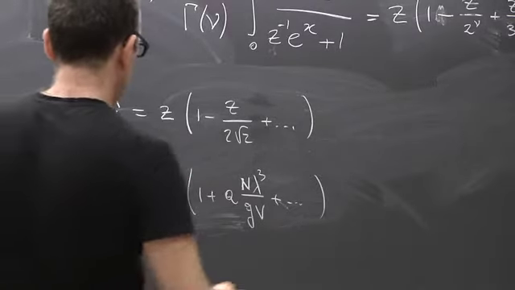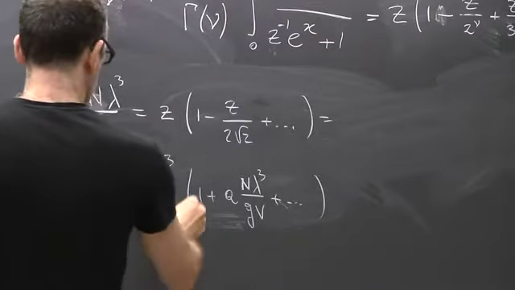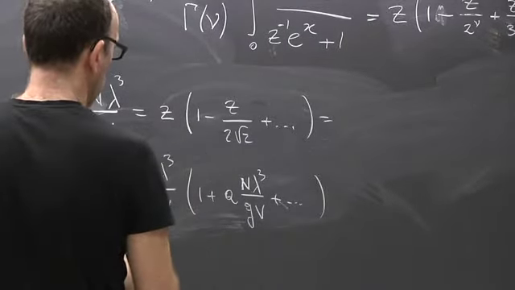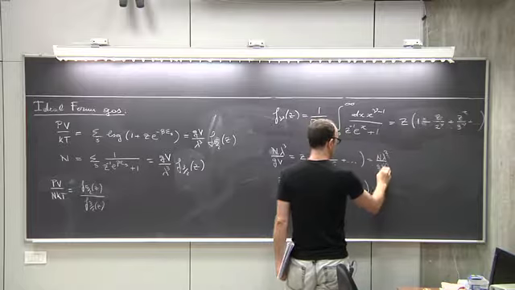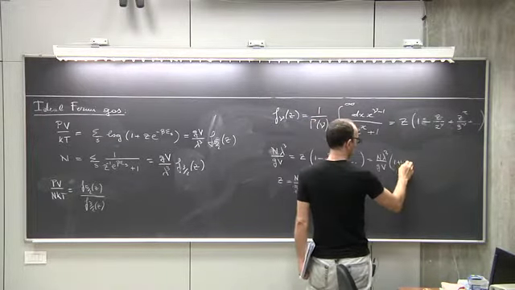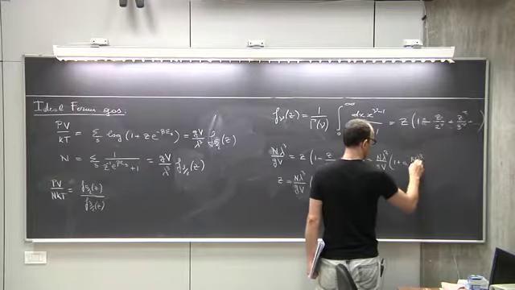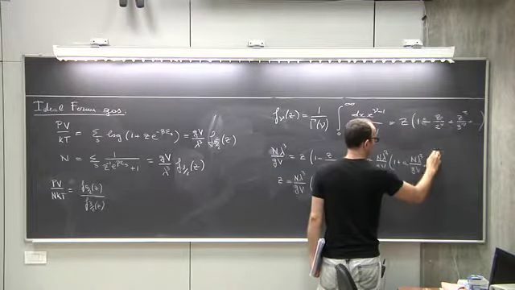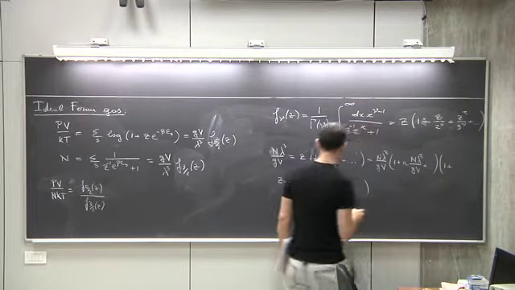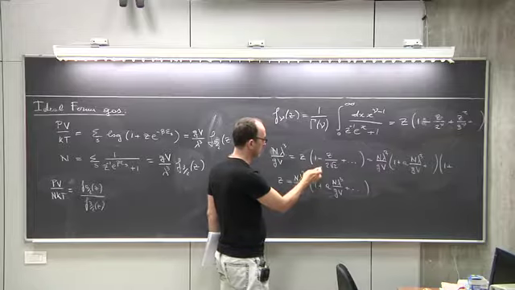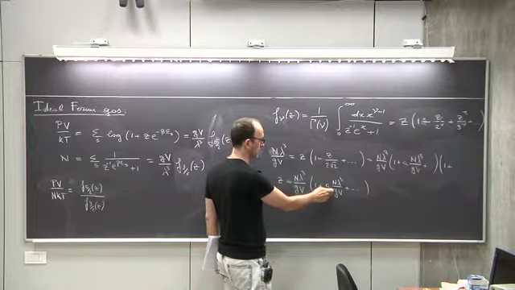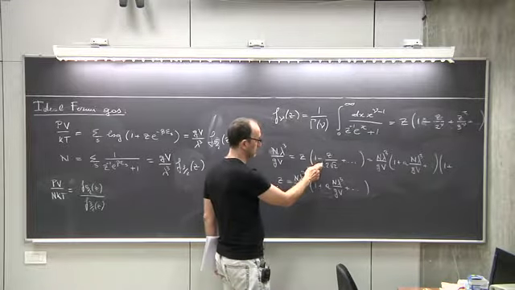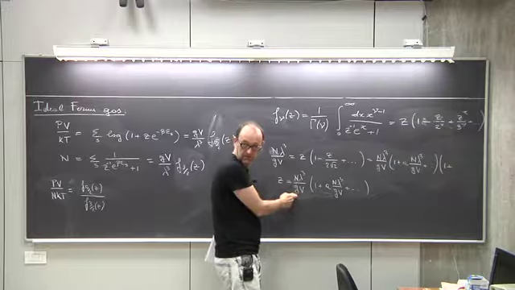So let's do it as an exercise. So this will be n lambda cubed over g_v times 1 plus a n lambda cubed over g_v, and then I have 1 minus... Here I only need to take into account the leading term of z, since I only care about terms proportional at most to the square of this small term.